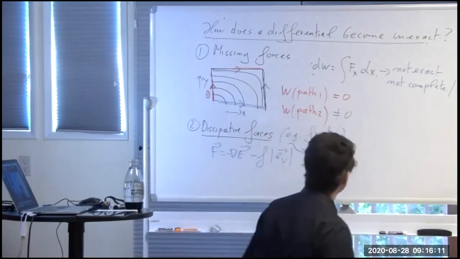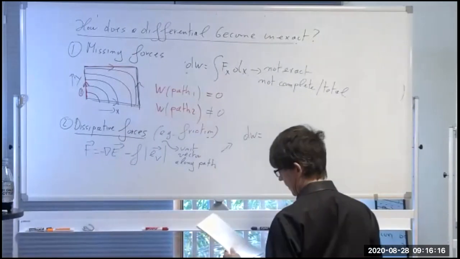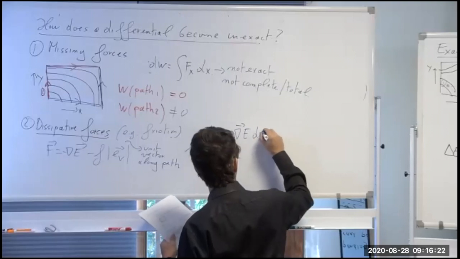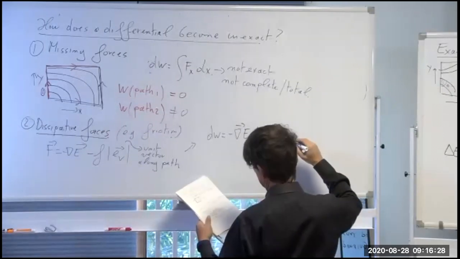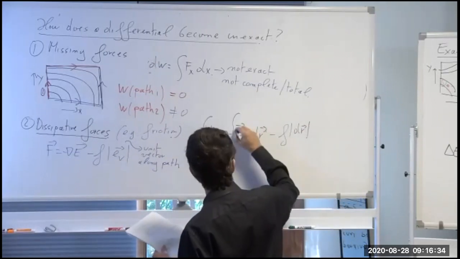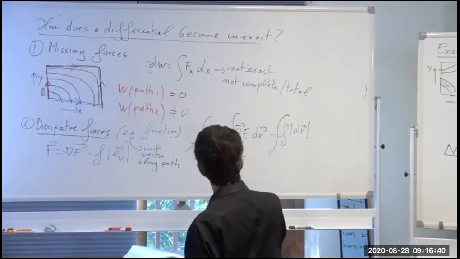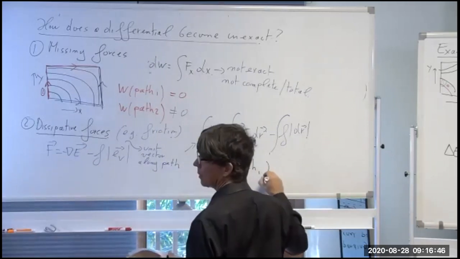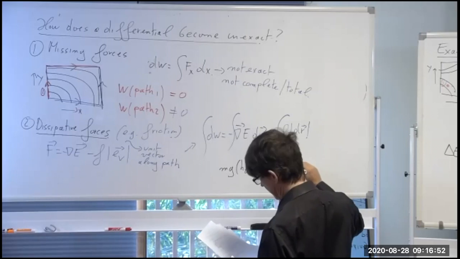You can see that if I now integrate del W, so it's minus the gradient dr minus F times dr. And so if I integrate that, what do I get? I get mg (h2 minus h1). And then I get here minus F times the length of the path integrated.